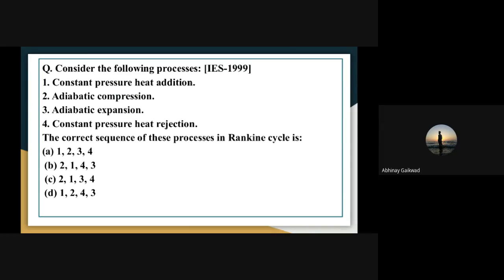Look at options B and C; there you get the first process as adiabatic compression, that means isentropic compression. So you have to eliminate options A and D, and choose one option from B and C. Next, after compression there is a heat addition process, and that heat addition is at constant pressure. Constant pressure heat addition is option number A. Now look at B and C again.